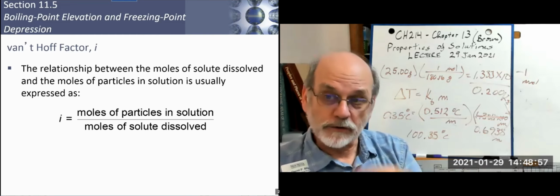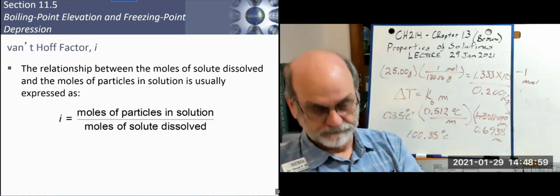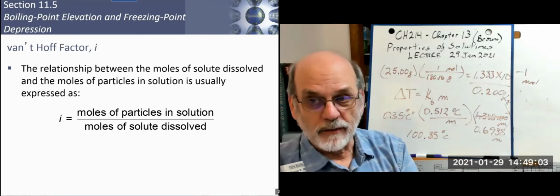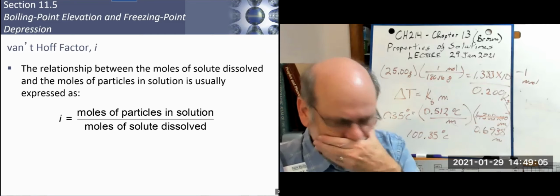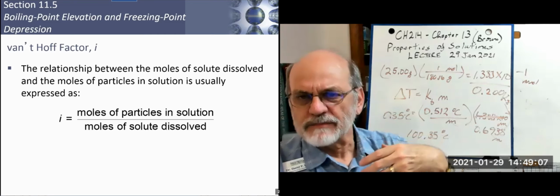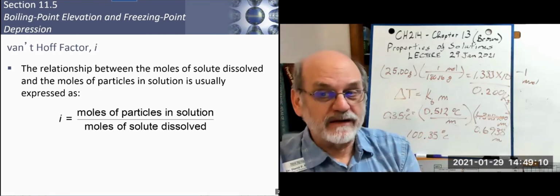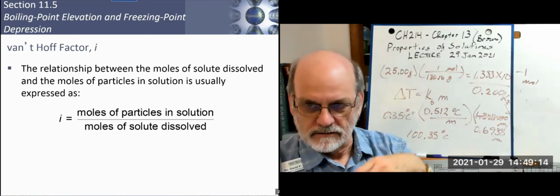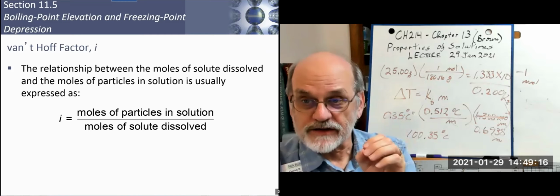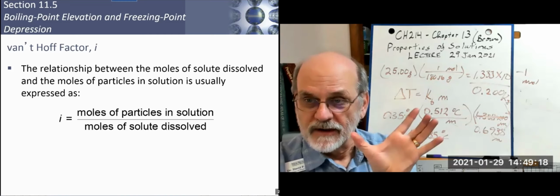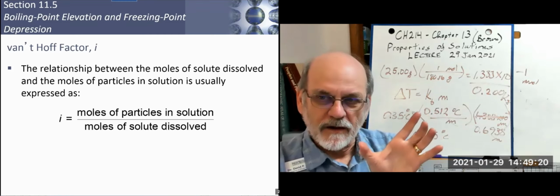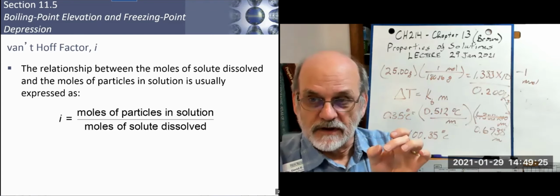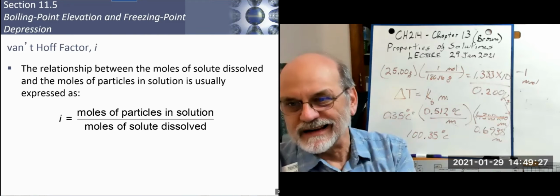So the i would be equal to 2. But some of these i's have to be experimentally determined. Why? Because some dissociations are not complete. So you may think that your compound dissociates from 1 into 2, but in fact, in solution, some of those ions reassociate. So instead of 2, it might be 1.8.